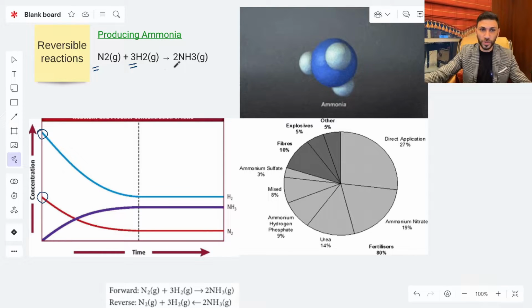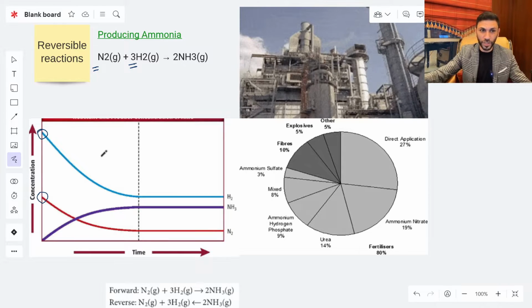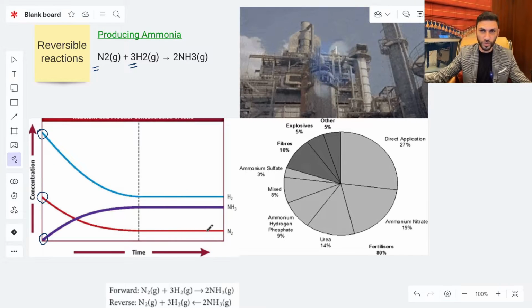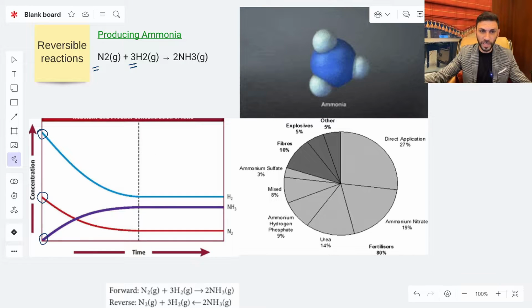And then they are producing by the time the NH3, the ammonia. But initially, there is no concentration of ammonia, NH3. That's why we start the concentration from 0. And it starts to increase all the way to here. And all the 3 concentrations now, after this line, are constant.